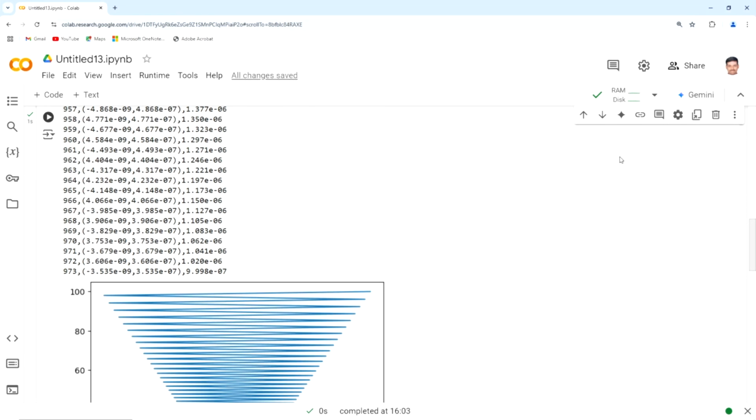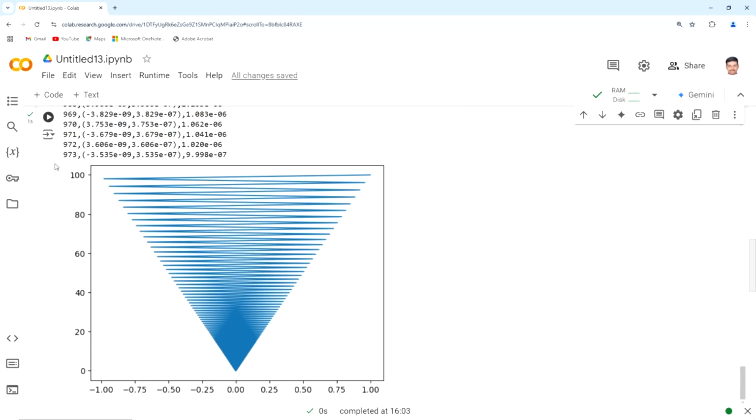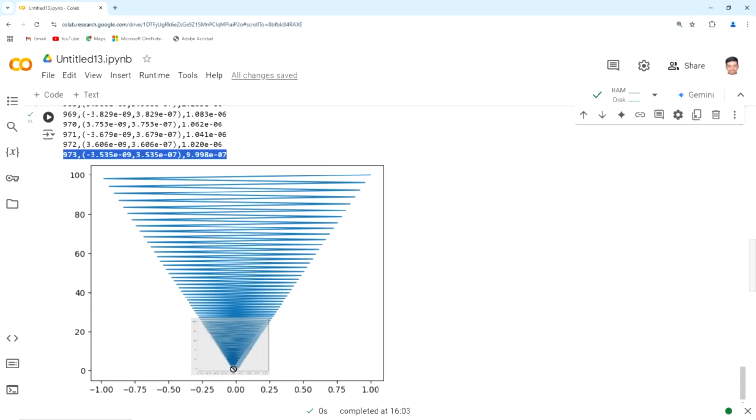At the end you saw this particular curve, where it took 973 steps, and the trajectory is just baffling. It started at 1 comma 100 and keeps oscillating for 973 steps before converging to 0 comma 0.